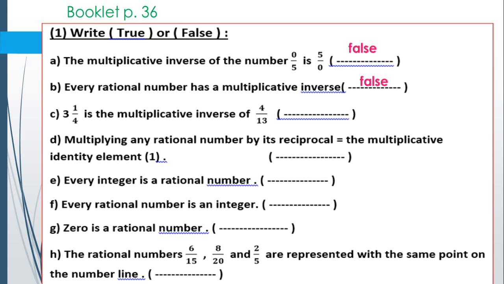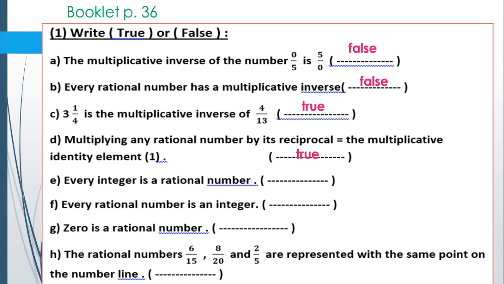Then the multiplicative inverse of 13 over 4 will be 4 over 13. That's true. Letter D, multiplying any rational number by its reciprocal equals the multiplicative identity element 1? Yes, that's true.